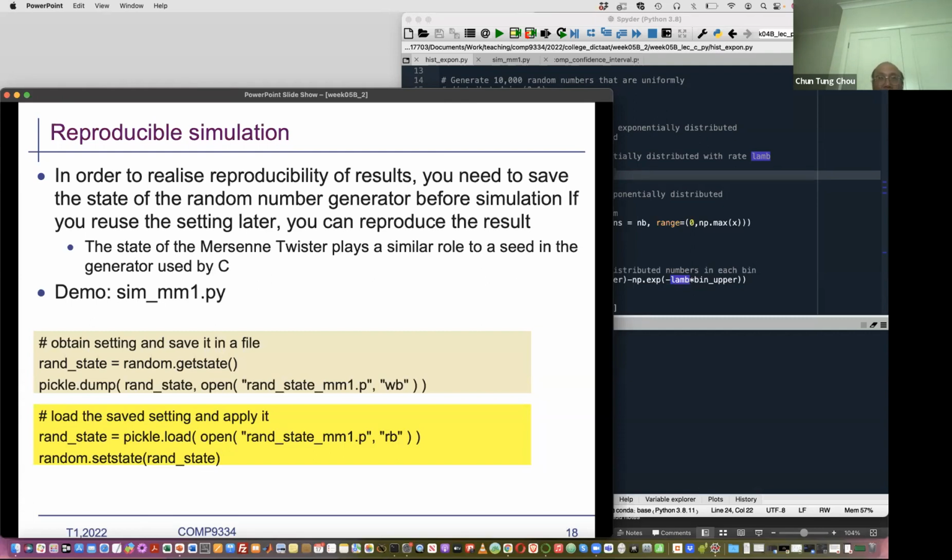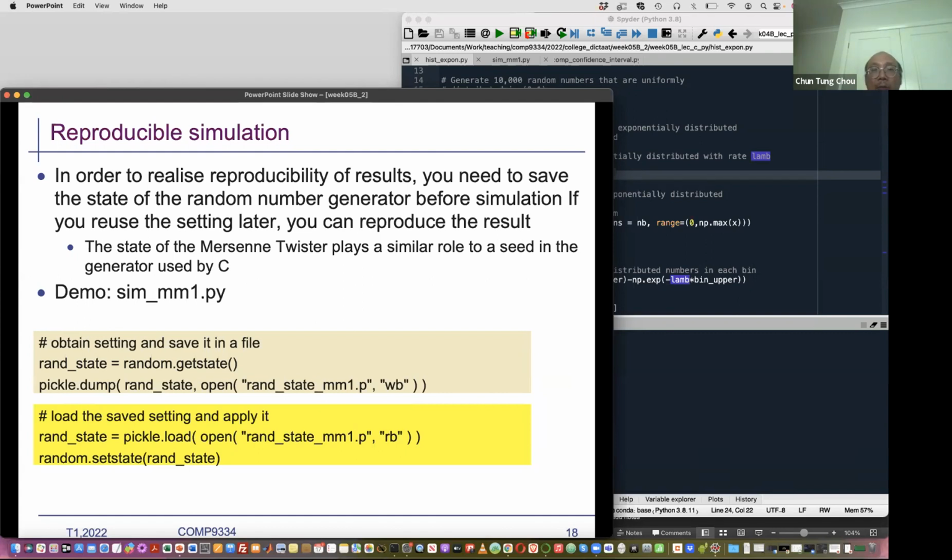If you know the seed, you will be able to generate the same random numbers again. In Python, because it uses the Mersenne Twister, you can store the state.